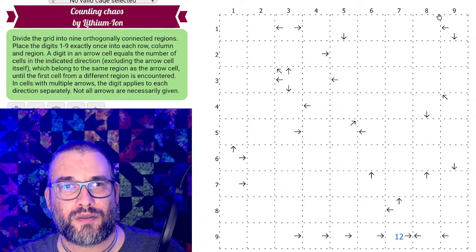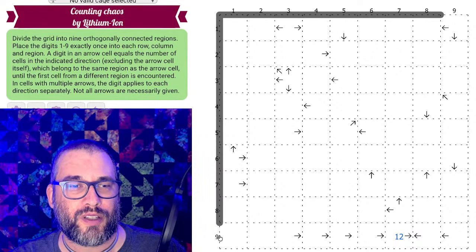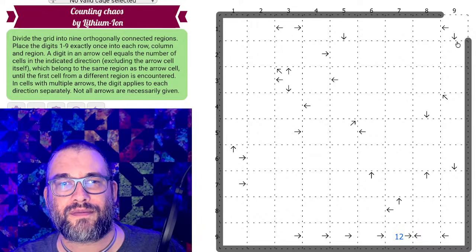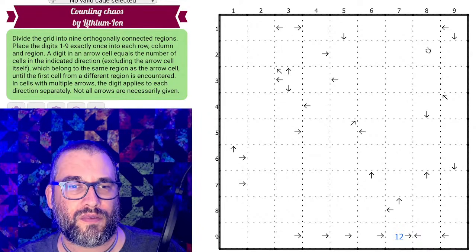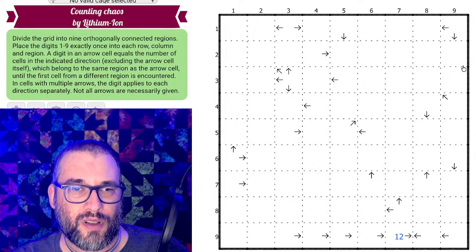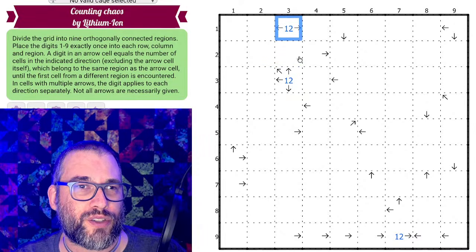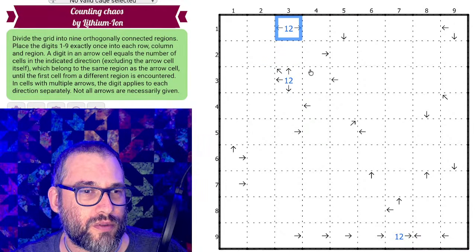I'm gonna encircle the grid here. Whoops. This is a 1 or a 2, and this is a 1 or a 2.